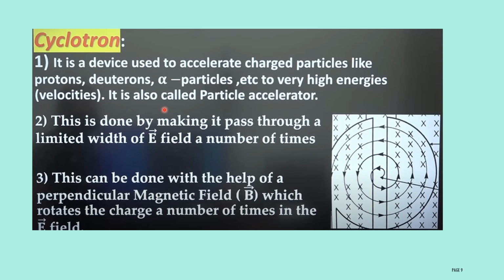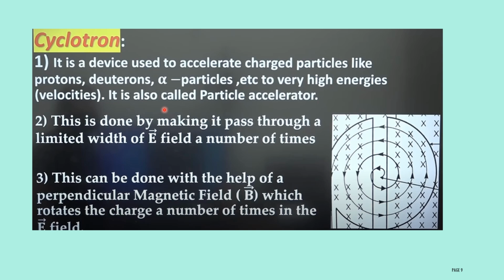If you apply an electric field in a particular direction, then the charged particle will move in the same direction only. If you want to keep a charged particle continuously in an accelerated position, you have to apply the electric field in the same way.